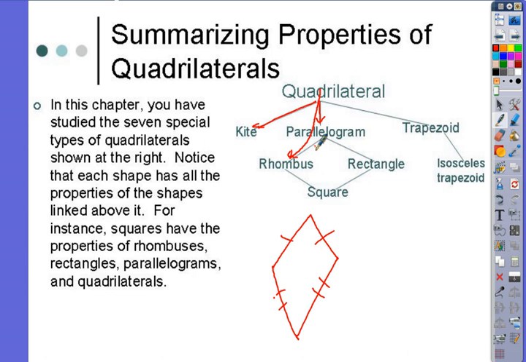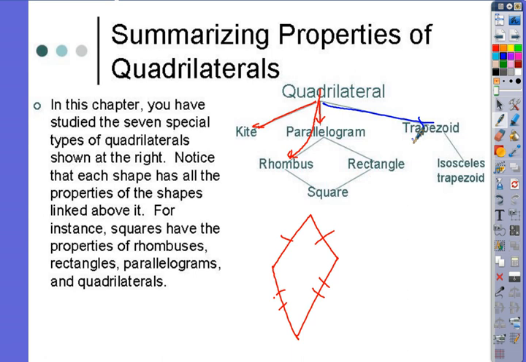Exactly one pair of opposite parallel sides. Not two. Can't have two, but just one. So if we've got exactly one pair of opposite parallel sides, we got a trapezoid. And then we could have an isosceles trapezoid. We'll get into that stuff later. But you get the idea. This is how we could divide up and categorize a random quadrilateral. Okay? All right.